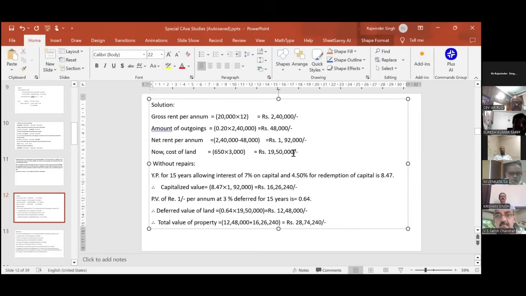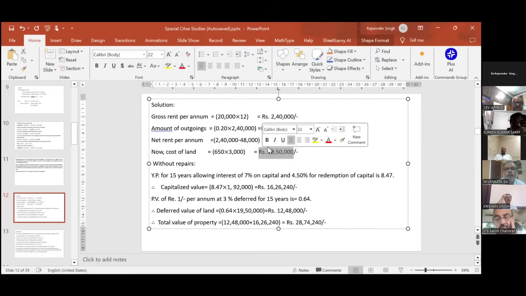And then after 15 years, when this building's life will be over, we assume the salvage value to be equal to 0. The owner will get back the land. The value of the land will be 19,50,000 after 15 years. So we require its value as of today. So we get its deferred value at 3%.